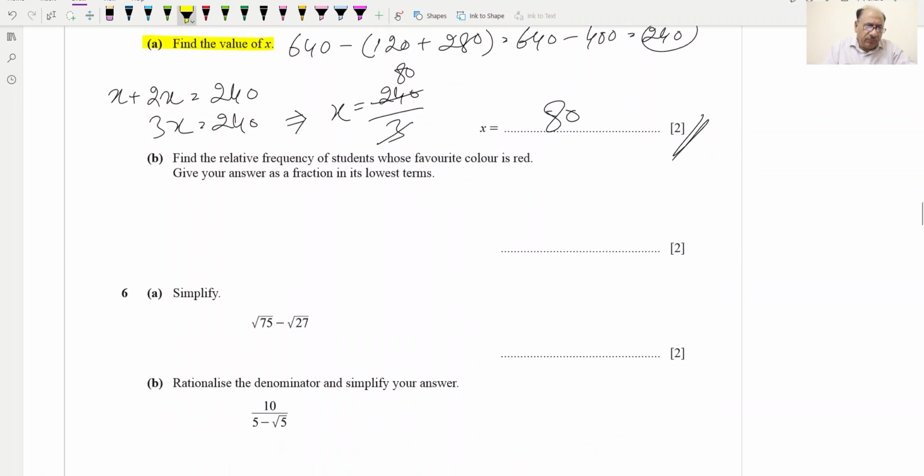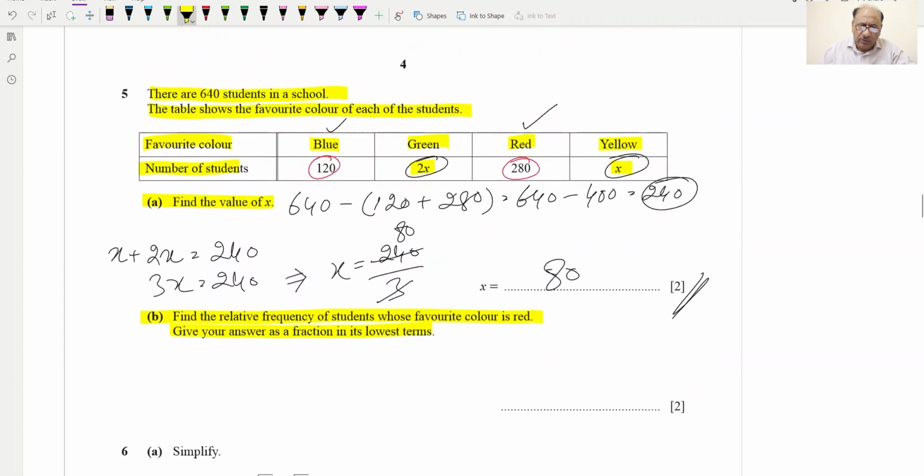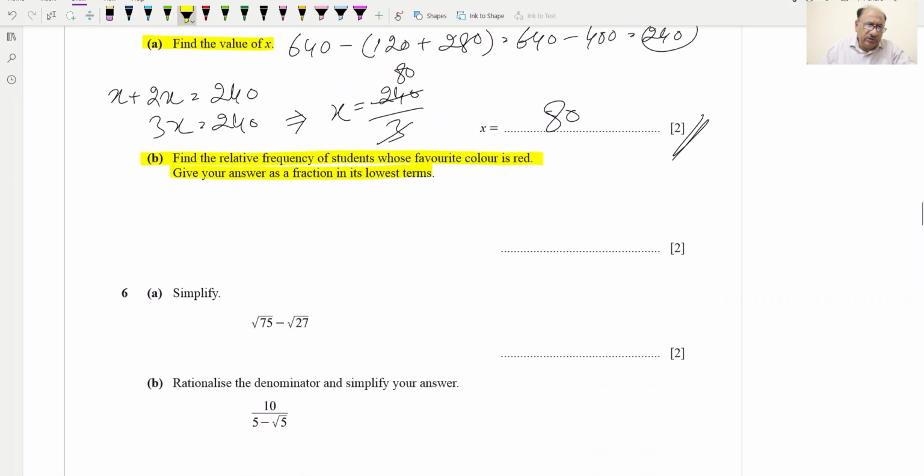Now for the second part, B part, find the relative frequency of the students whose favorite color is red. Give your answer as a fraction in its lowest form. Red is 280, so we can write 280 out of 640 total, and now we have to simplify. 0 can be cancelled, and then we can cancel by 4. 4 sevens are 28, and 4 16s are 64, so the answer will be 7 over 16.